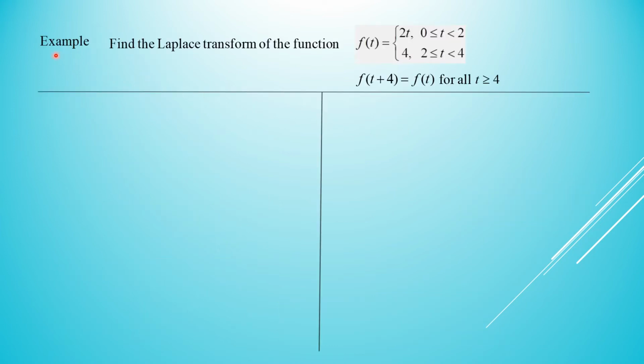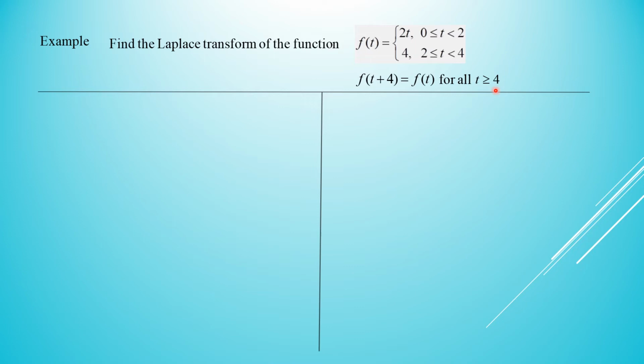In this next example, we are asked to find the Laplace transform of the function f of t, where f of t is equal to 2t for t larger than or equal to 0 and less than 2, f of t is equal to 4 for t larger than or equal to 2 and less than 4, and f of t plus 4 is equal to f of t for all t larger than or equal to 4.